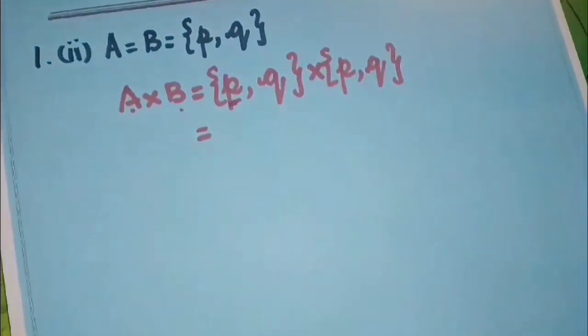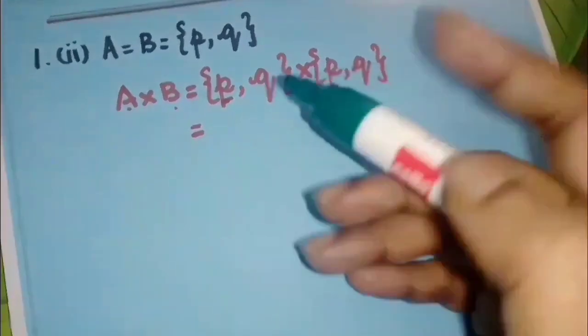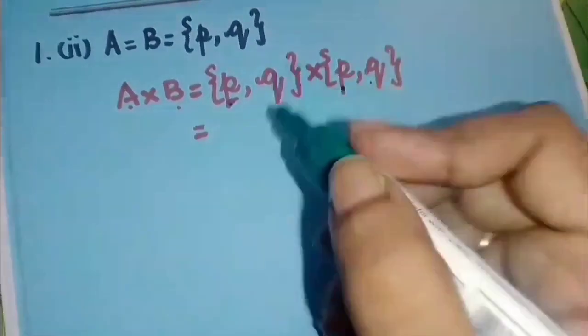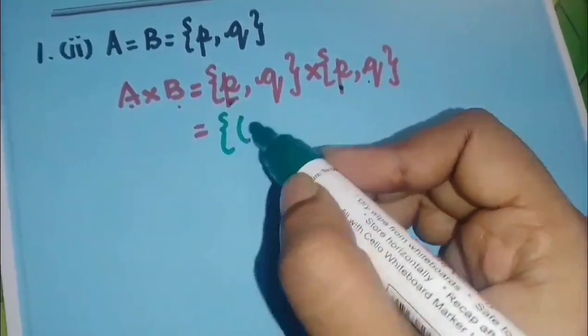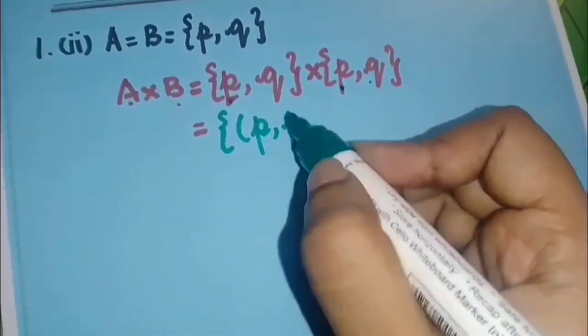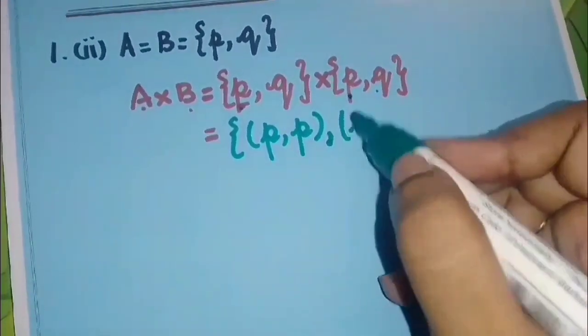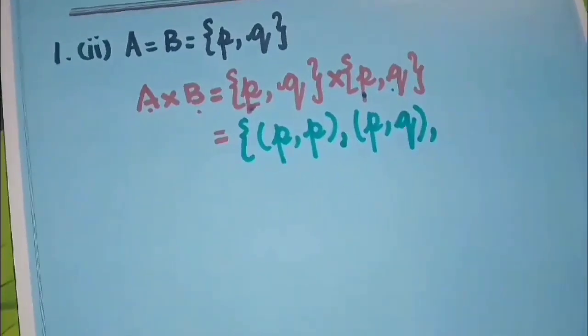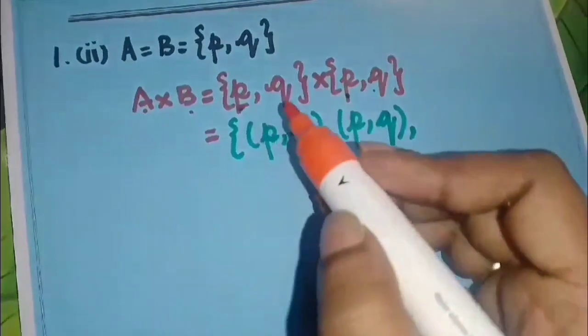What are the possible pairings? P will pair with P and P will pair with Q. So we'll be getting the answer P comma P and P comma Q. The next answer, how will we find the next ordered pairs?